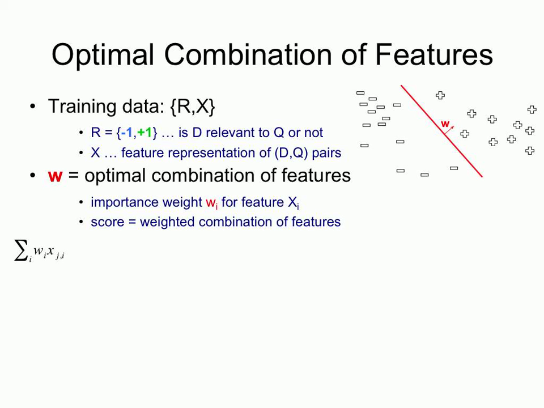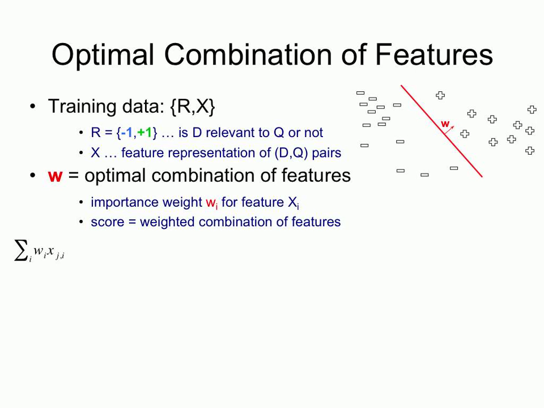But if you look at the dot product, the W transpose X, think about what it means now. W are the weights, and these X_ji, so this is for the jth training document. It's not a document, it's a document query pair. This is not a word, this is not a phrase, this is one of your features.